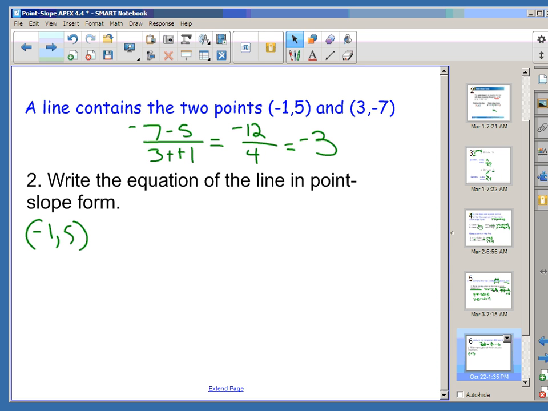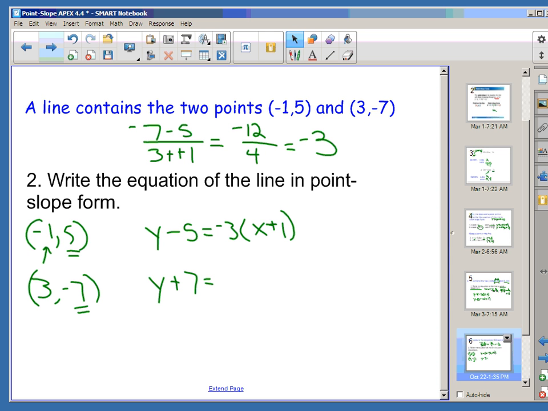We'll go y minus 5, because that's the y coordinate, equals -3 times x minus -1, which is actually a plus 1, the opposite of what's there. And with the point 3, -7, we're going to go y minus -7, which is a plus 7, equals -3 times x minus 3.